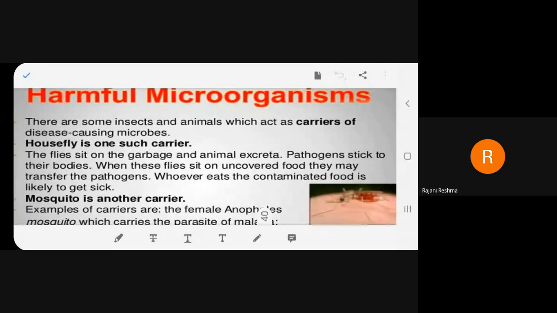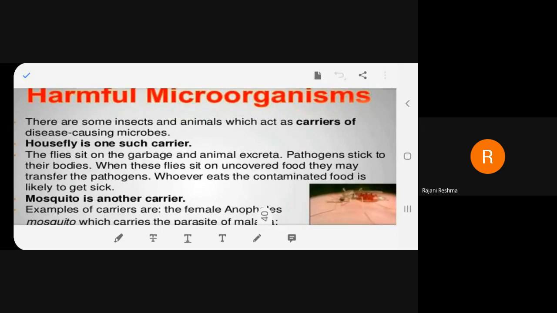Now, read with me. There are some insects and animals which act as carriers of disease-causing microbes. Read it again. There are some insects and animals which act as carriers of disease-causing microbes.